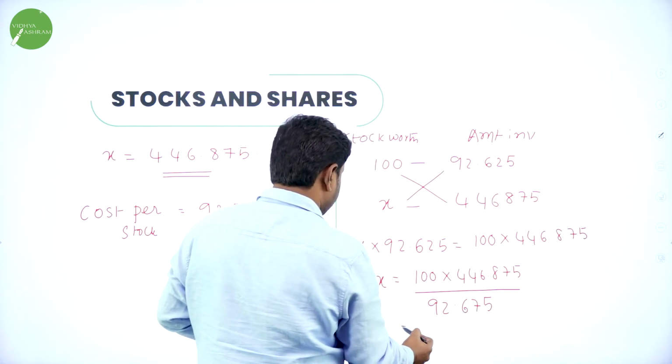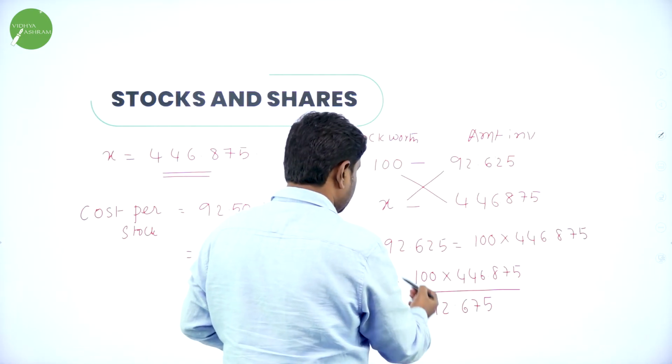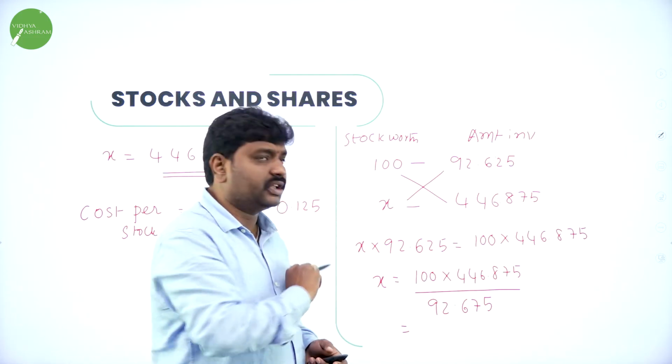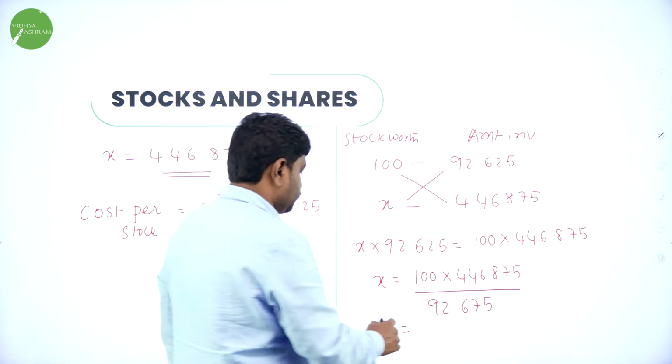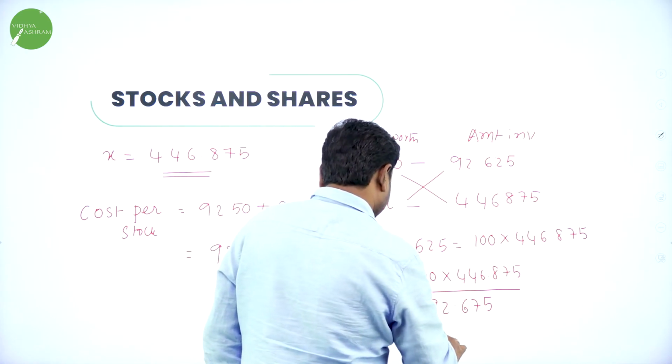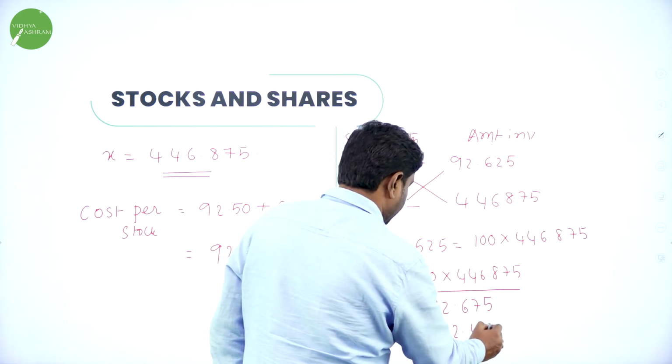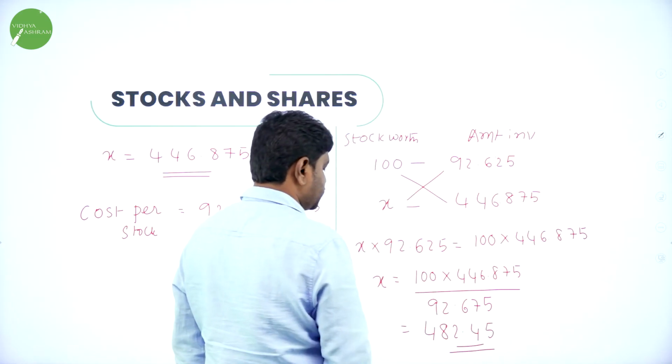Now we need to simplify this. I hope all of you got how I framed the equation. Now simplify this using a calculator. You will get 482.45 rupees.